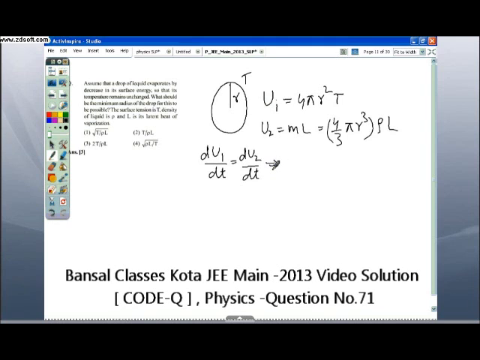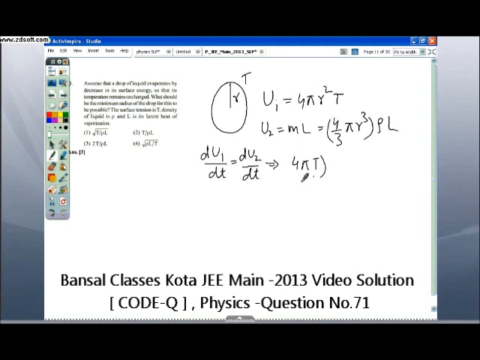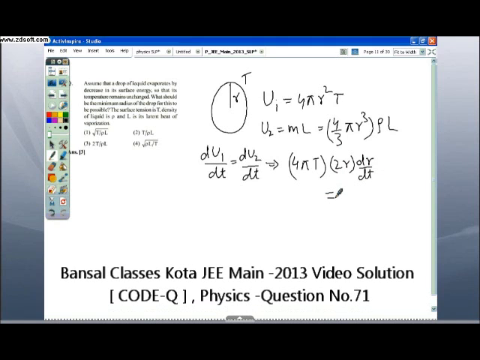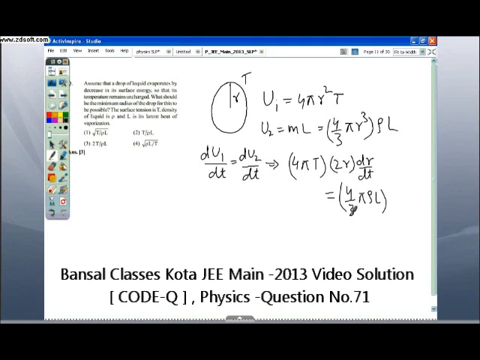So this comes out to be, 4 pi T is a constant, r is variable, so this comes out to be 2r into dr by dt, and this is equal to, in this case also, 4 by 3 pi rho L is a constant, and this comes out to be 3r square dr by dt.